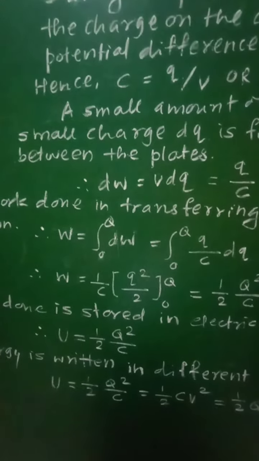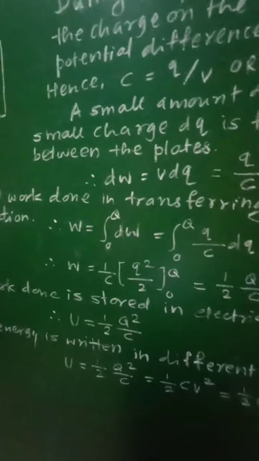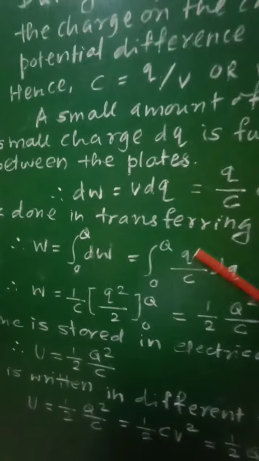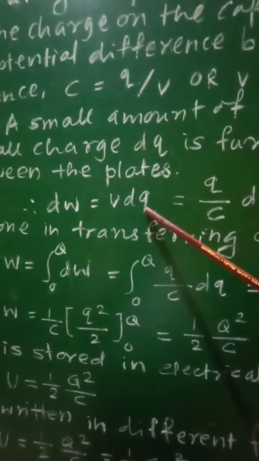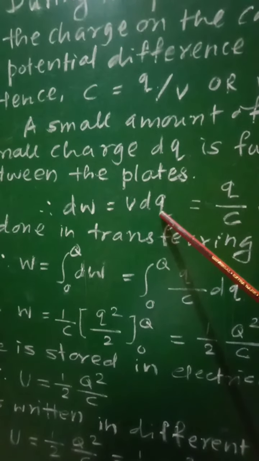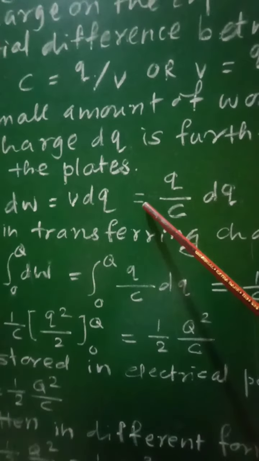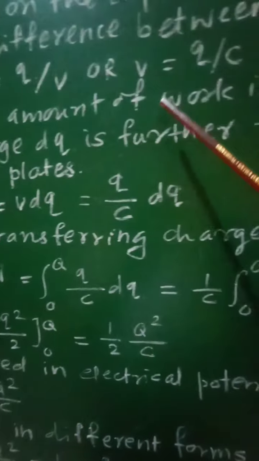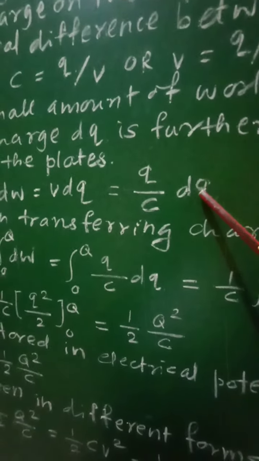So here now small work done, suppose dw, will be done if a small charge dq is further transferred between the plates of the capacitor, and therefore this small work done dw equal to phi into dq, because electric potential is equal to the work done per unit charge, and therefore work done equal to potential into charge. That will be equal to q by c into dq, because phi is q by c, and therefore that dw will be equal to q by c dq.